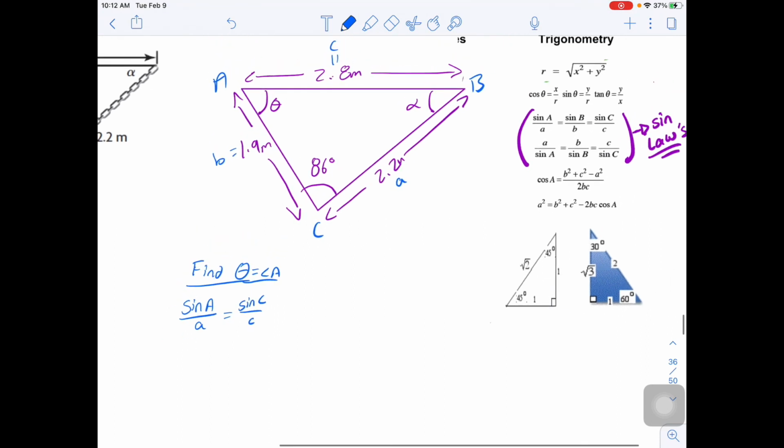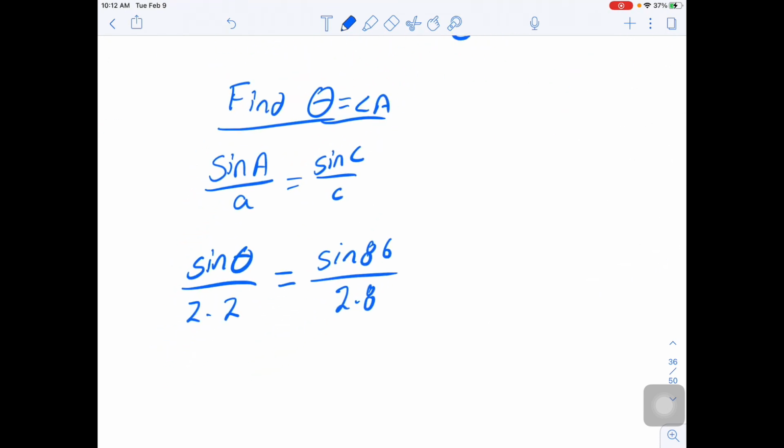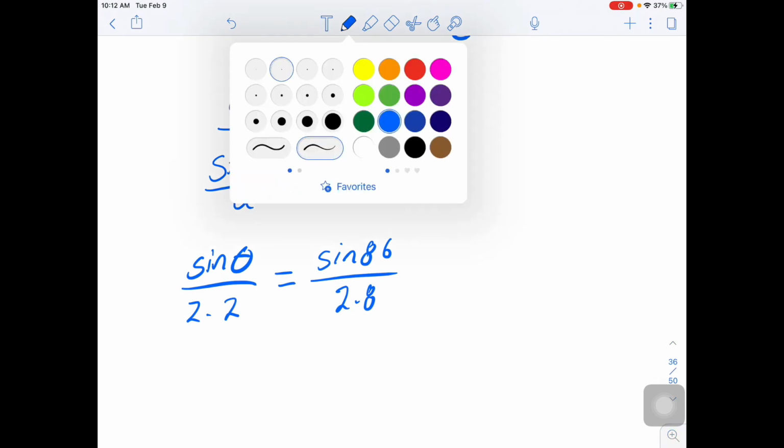So we're going to use sine C over little c. And now we can plug in our notation. Angle A we know is theta. So sine theta over the opposing length, 2.2, which is little a, equals sine C, where C was 86, over little c, which is 2.8. And now from here, we can solve our problem.